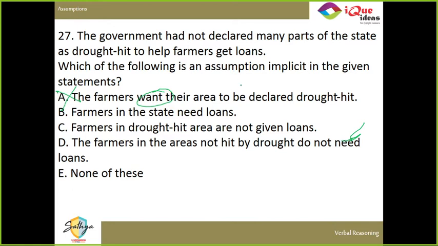If the farmers don't need loans, will we even say this, that the government has not done this or that? No. So if the farmers need loans and the government is not declaring them, then we will make the complaint that why is the government not doing it? Right? Are you getting that?